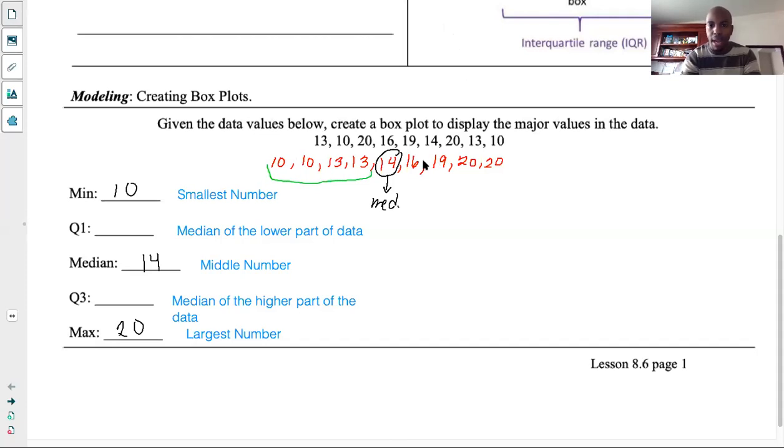Whereas this brown over here, this is the higher part of the data. And to make sure this makes sense, I want to change the color of this text here.